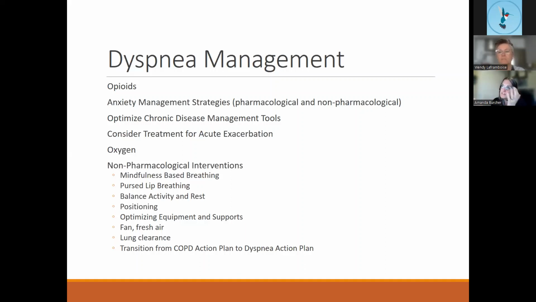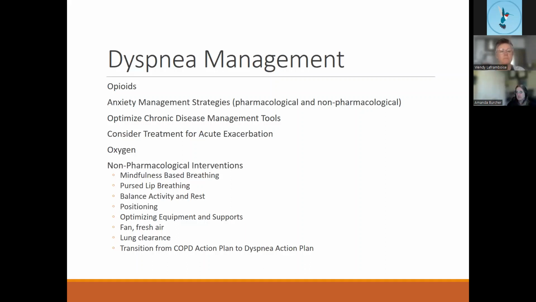And then consider, is this an acute exacerbation of the COPD, knowing that as we get closer to the end of life, those exacerbations often come closer and closer together. Having those goals of care discussions of whether or not we're going to treat and how aggressively we're going to treat these acute exacerbations. Oxygen. If they're hypoxic while they're dyspneic, there can be a role for oxygen.